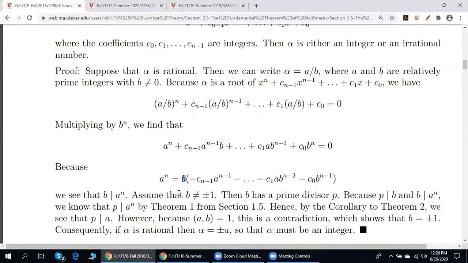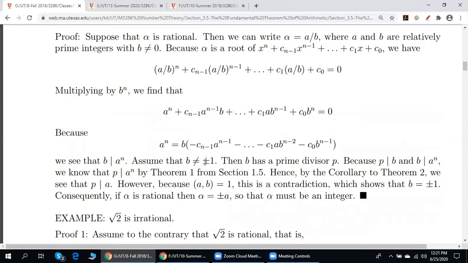And now, suppose b is not equal to plus minus 1. Then b has a prime divisor p. This means that p divides b. But according to what is written here, b divides a to nth power.